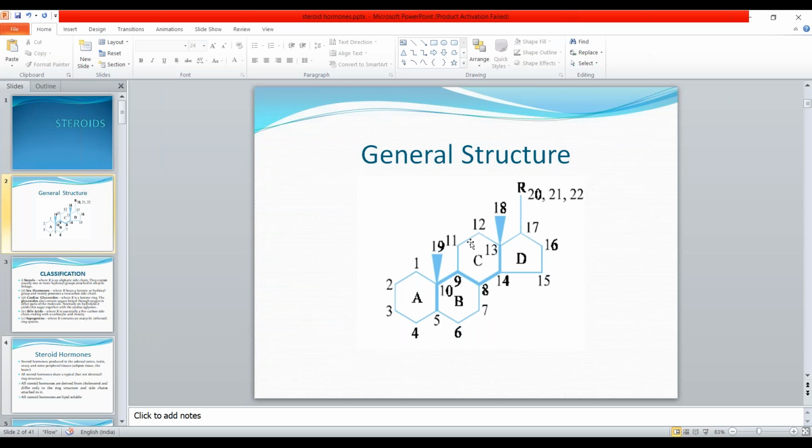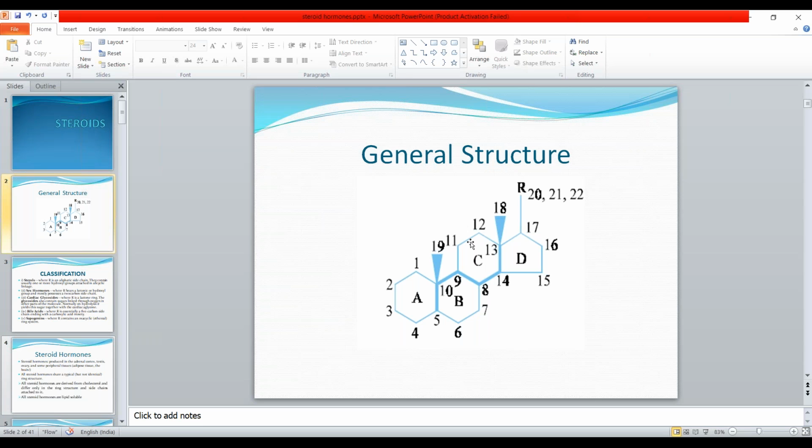Then cardiac glycosides, I mentioned, have a steroidal structure. Some alkaloids obtained from plants, saponins, have steroidal structure. Vitamin D typically has this steroidal general structure, and all of them play a very important role in the normal functioning of a human body.